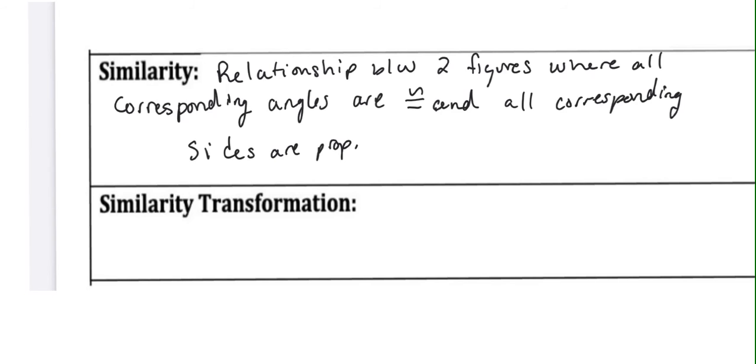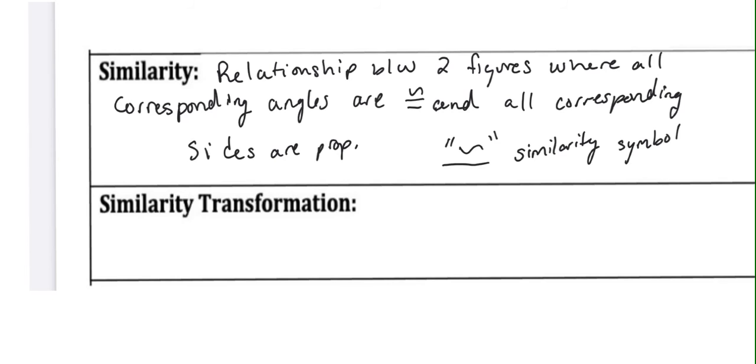Now we use a symbol, just this tilde right here, to represent similarity. So this is the similarity symbol. There's no line underneath it. I was just underlining it. It's just that little tilde.